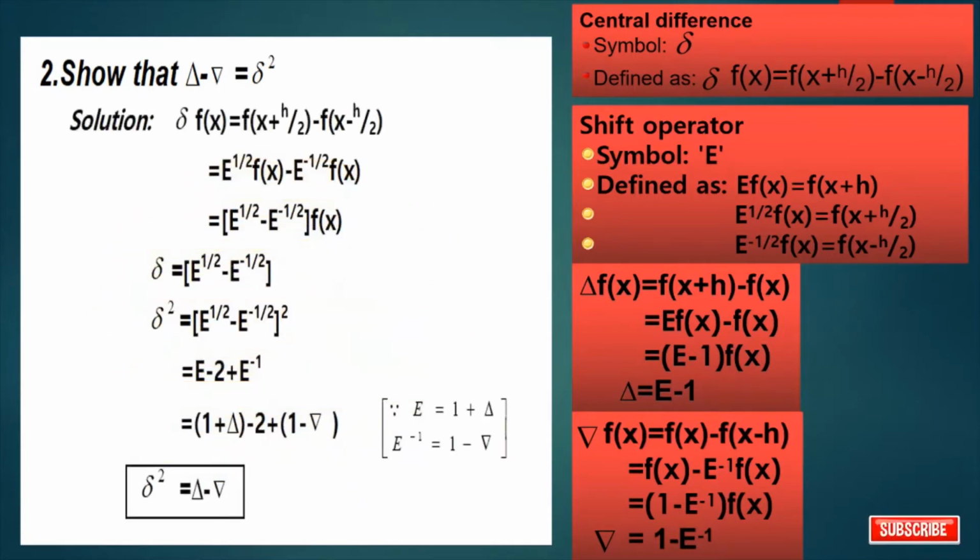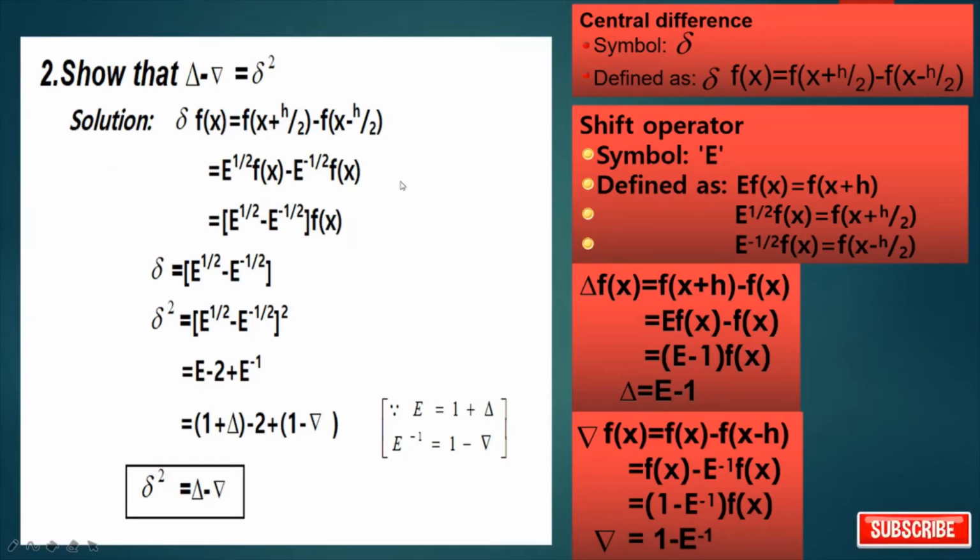And the solution is small delta fx equals f(x plus h by 2) minus f(x minus h by 2). And f(x plus h by 2) means E to the power half fx, and f(x minus h by 2) means E to the power minus half fx.